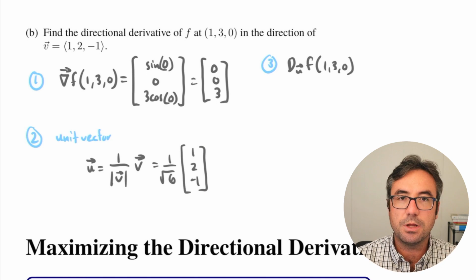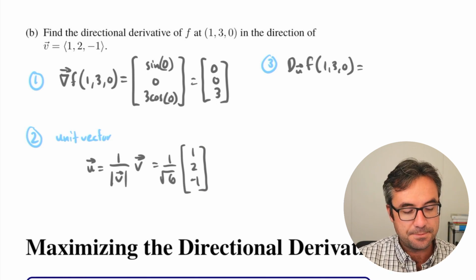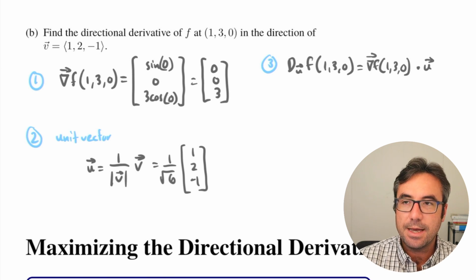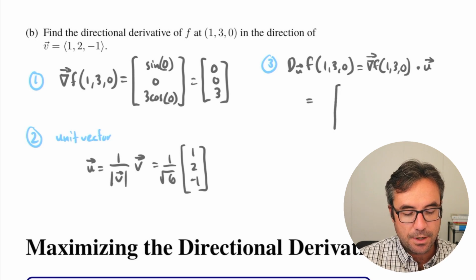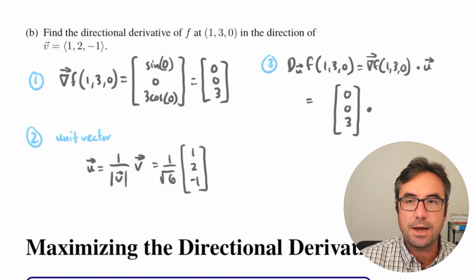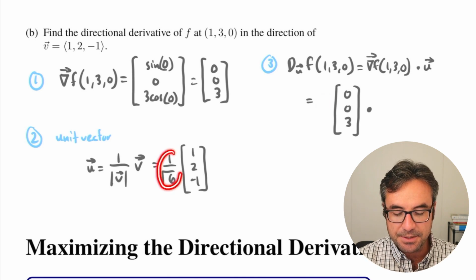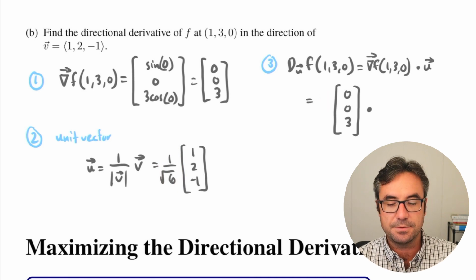If we plug in what we have, it's going to be the gradient of f evaluated at this point, dot product with our vector u. Let's fill it in. Our gradient we said was (0, 0, 3), and we're going to do the dot product with our unit vector. I'm leaving a little space here because I'm going to take this scalar multiple that's in front of vector v and just put it in front.